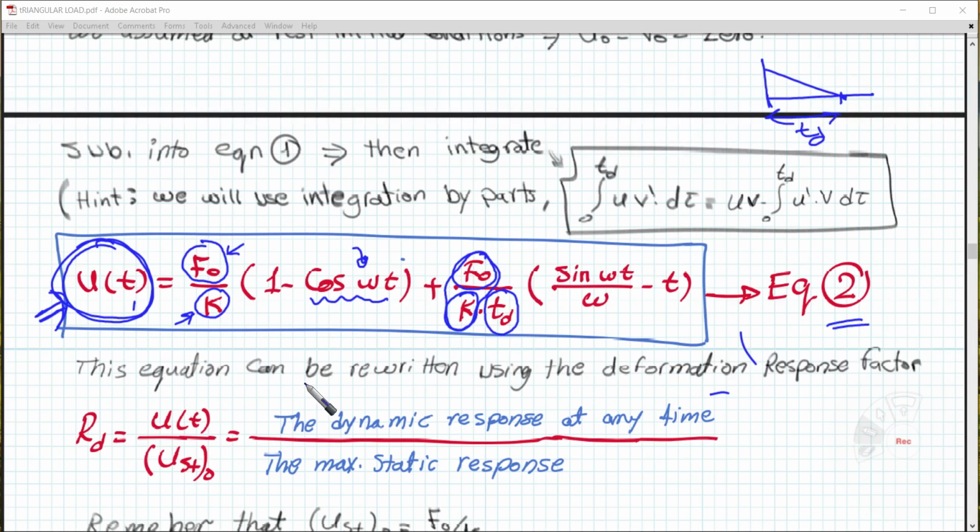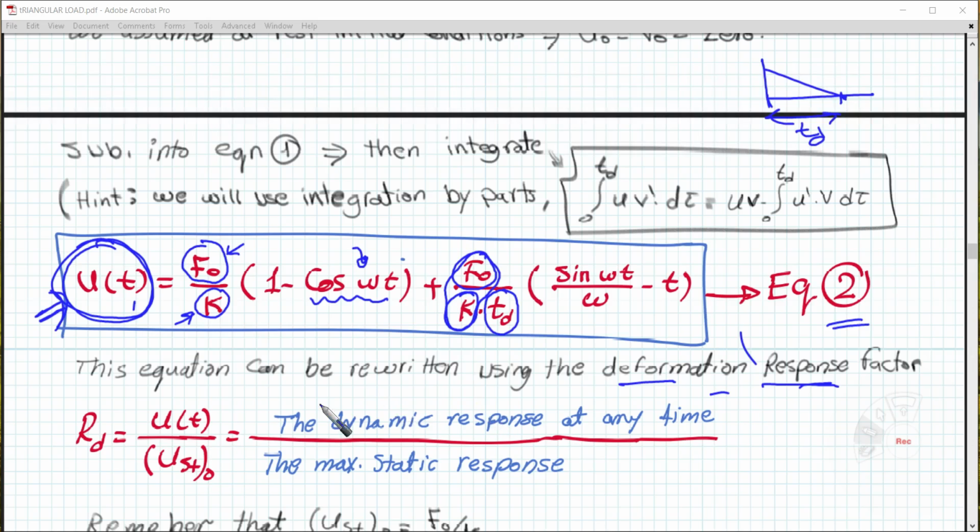This equation can be rewritten using the deformation response factor. Do you remember the deformation response factor? We mentioned it last video. If you didn't watch the previous video, please stop this video and go back, and you are going to understand the meaning of the deformation response factor.